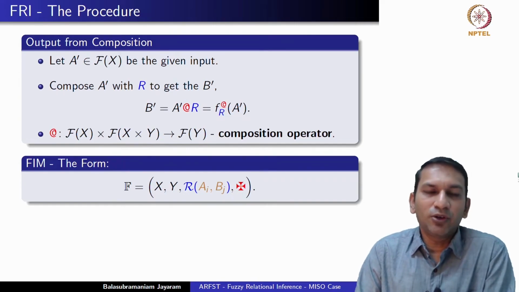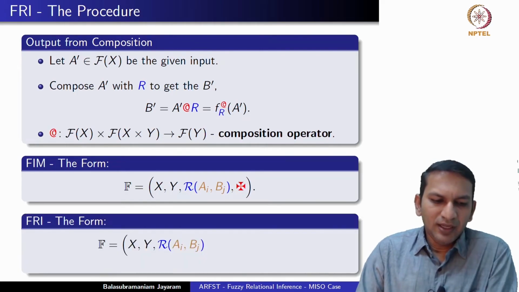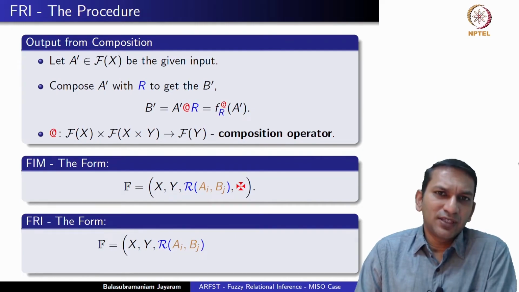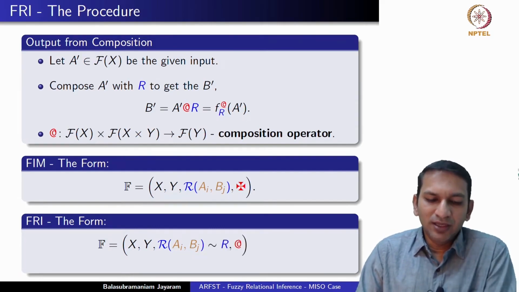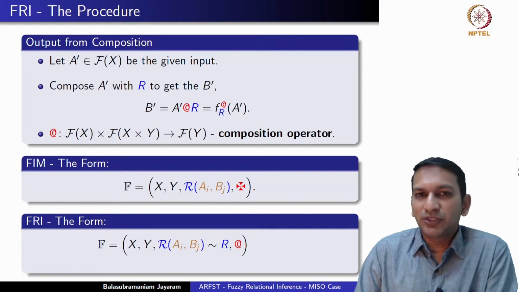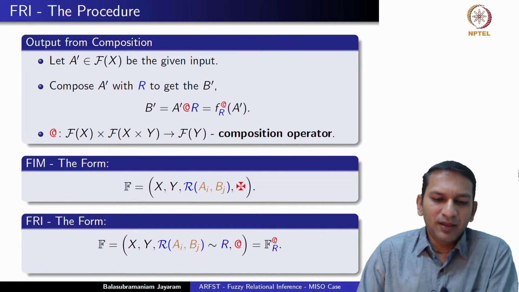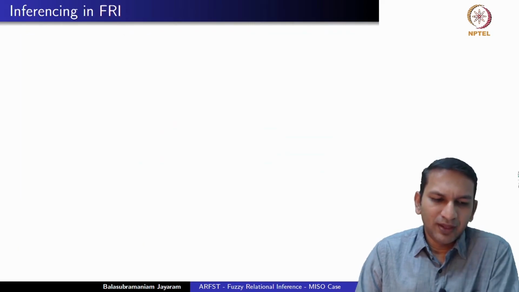It consists of all the operations that are required for the inference itself. Specifically in the case of fuzzy relational inference, it turns out like this. So we have the input-output domains and the rule base, and the inference is captured by these two things: one, the relation which is obtained out of the rule base, the rule so far that we have seen, and the composition itself. Often it is convenient to write it in this short form.